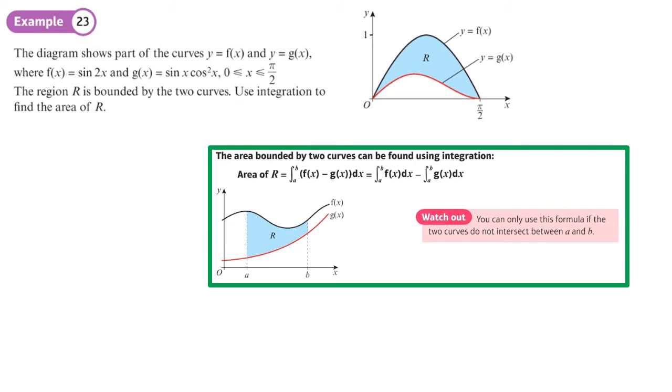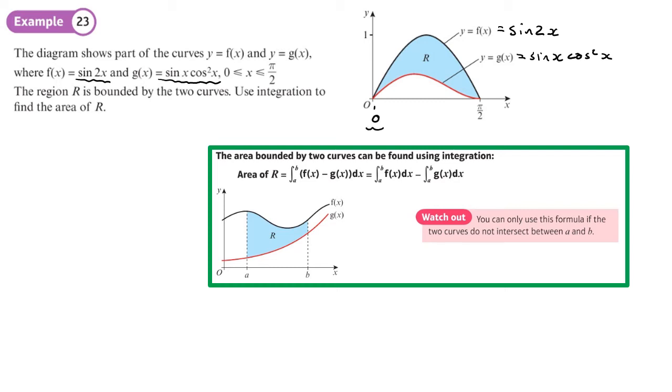This is the area between two curves. The curve at the top is sine 2x. The curve at the bottom is sine x cos squared x. And the limits are 0 and pi/2.